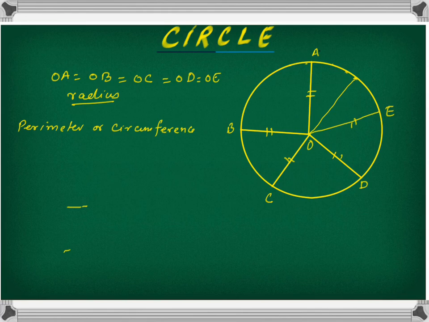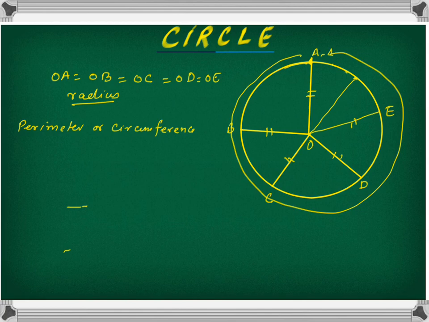So circumference is nothing but the distance from A, and if you move one round and reach the point A again, this length is called the total circumference of the circle, okay. And the fixed point, this point is called the center. So O is called the center of the circle.